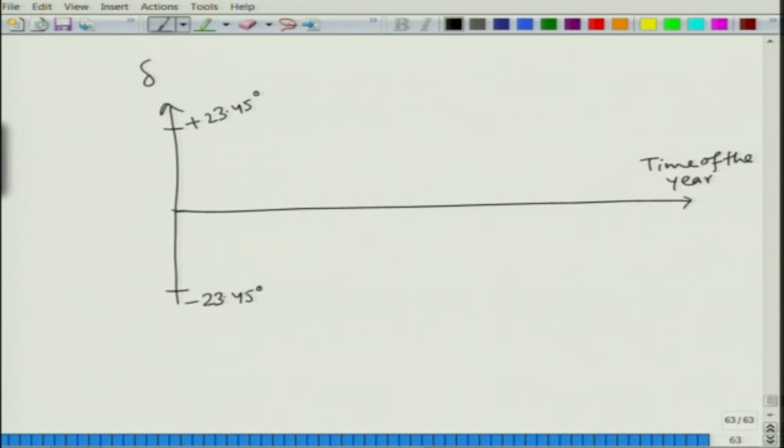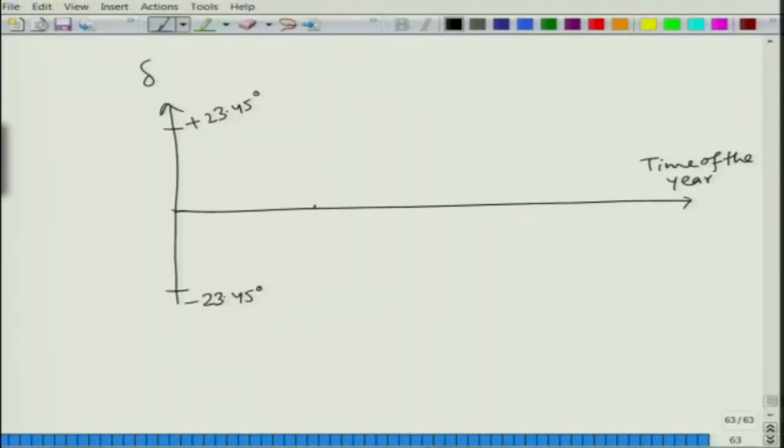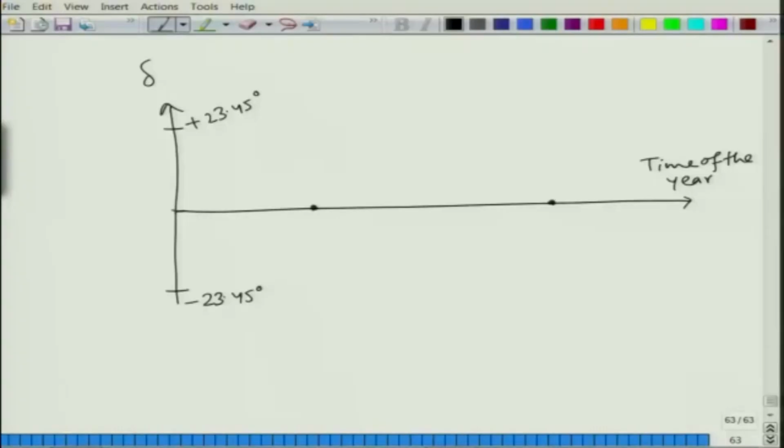So, these two boundaries will limit the variation of declination angle. And we will have 2 zero points for this plot, because we have two equinoxes, and equinoxes mean delta will be 0.